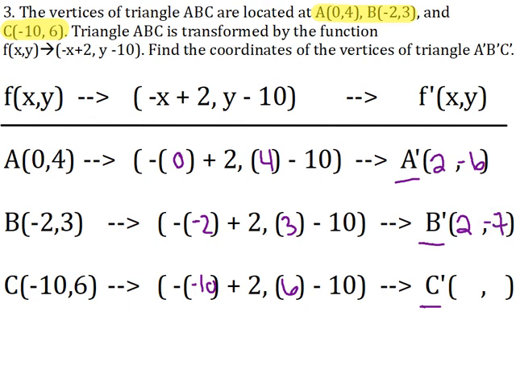The opposite of -10 is just a +10, and then 6 take away 10 is a -4. So find the coordinates of A prime, B prime, and C prime. These are all of those right there.